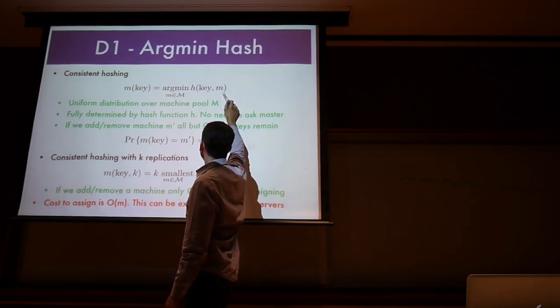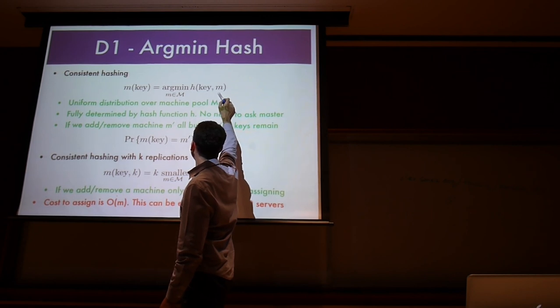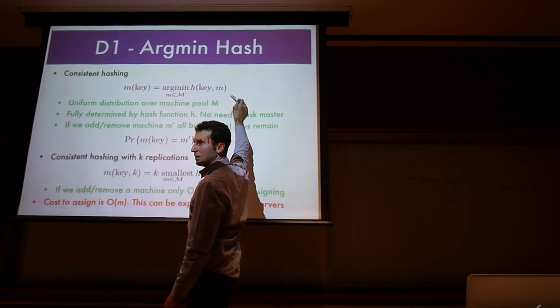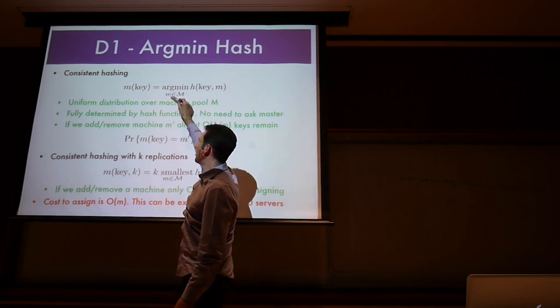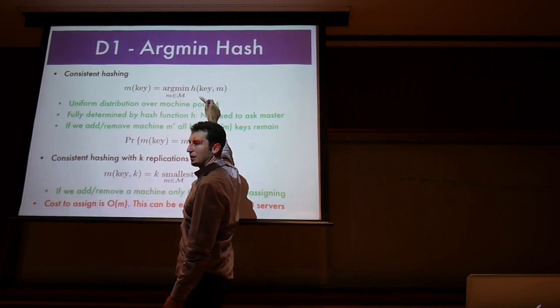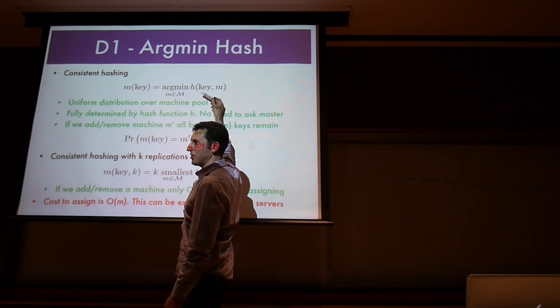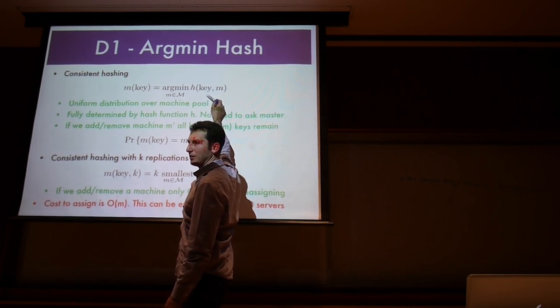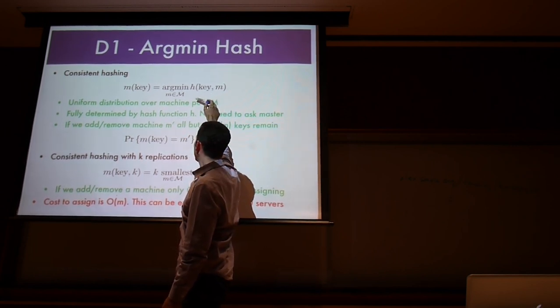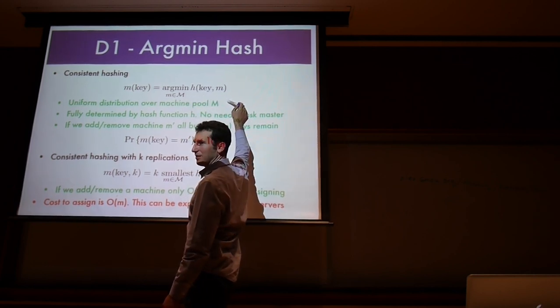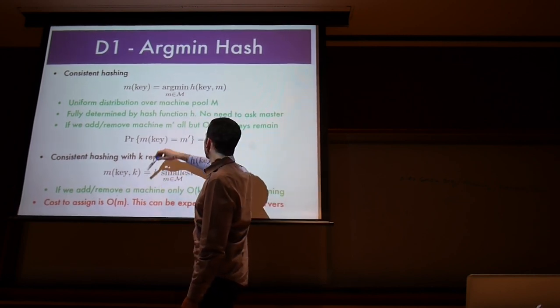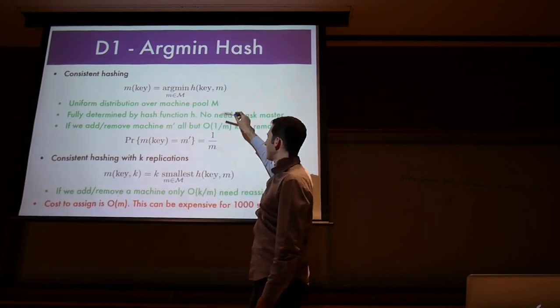Since I can assume that the hash of key and machine ID is essentially a random number, which one's going to be the smallest is uniformly distributed among all the machines. And it's going to be a different machine for each key. Furthermore, each time I feed in the same key, I will be able to recover the same machine again. Right? So that gives me this uniform distribution.